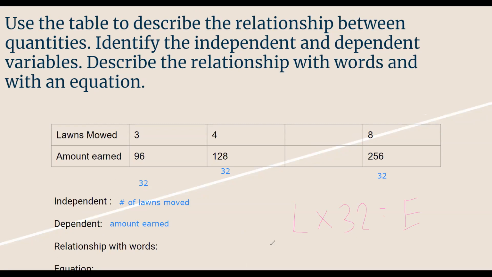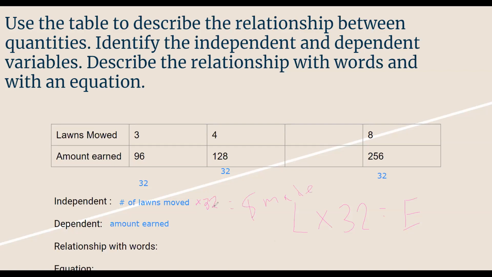The number of lawns multiplied by $32 per lawn is going to give me my total result. In word form, it would be number of lawns mowed times 32 equals money made. Or you can write amount earned.